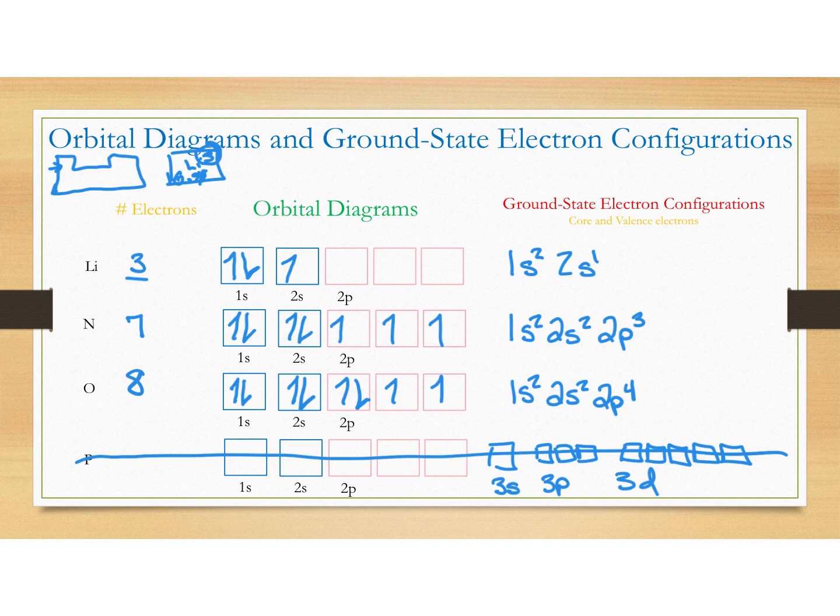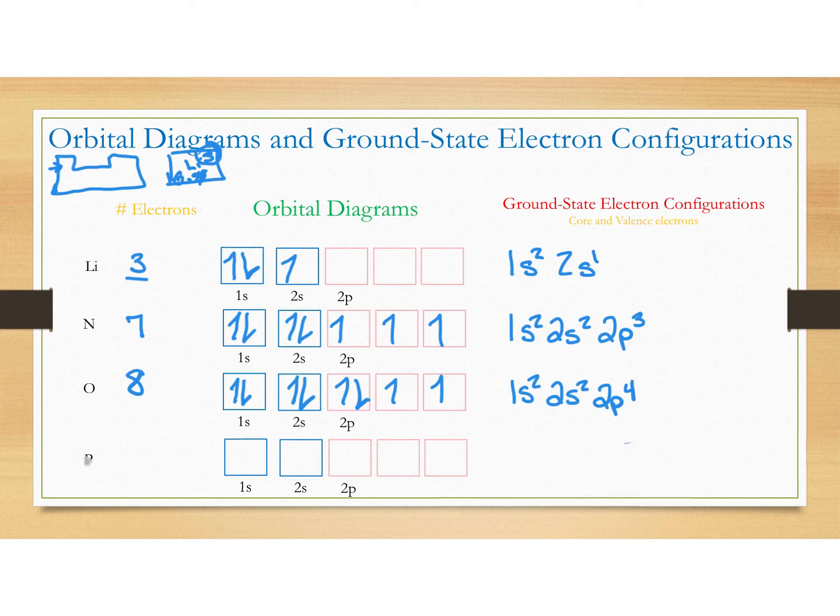Now, let's take a look at this last one here, phosphorus. What I'm going to do is roughly draw these in here. So I've got 3s and 3p.